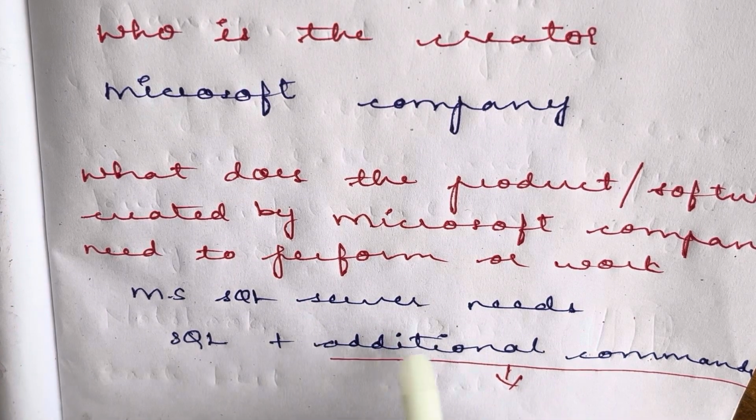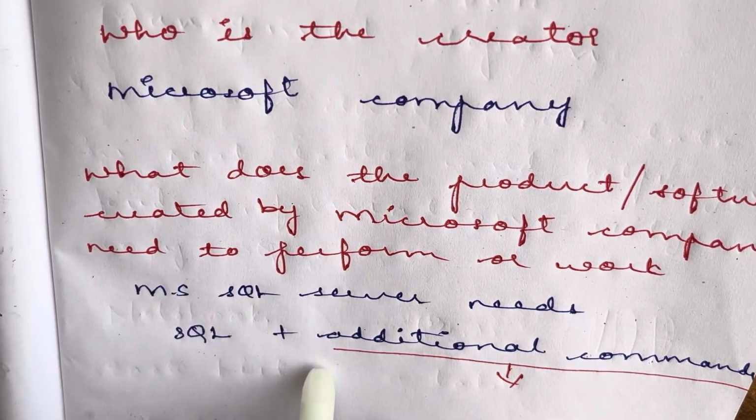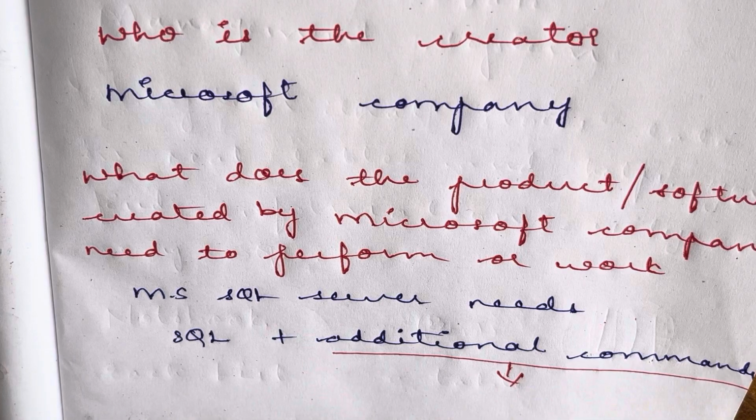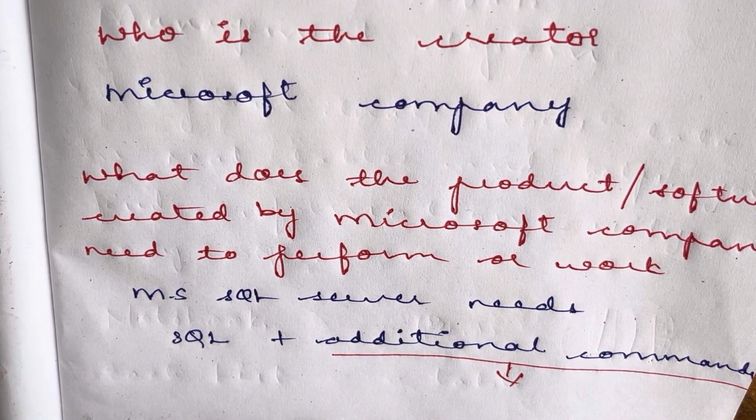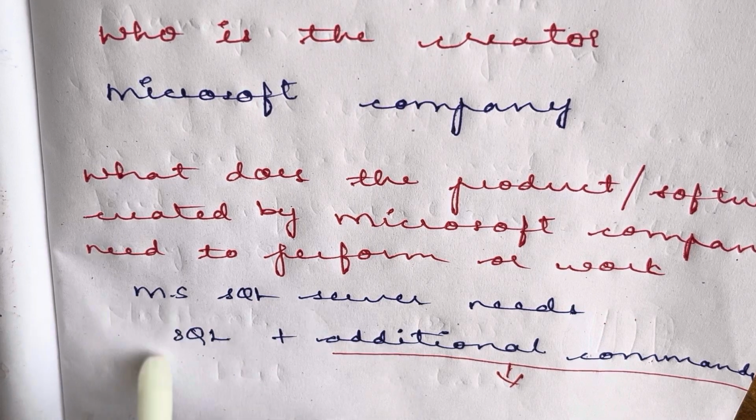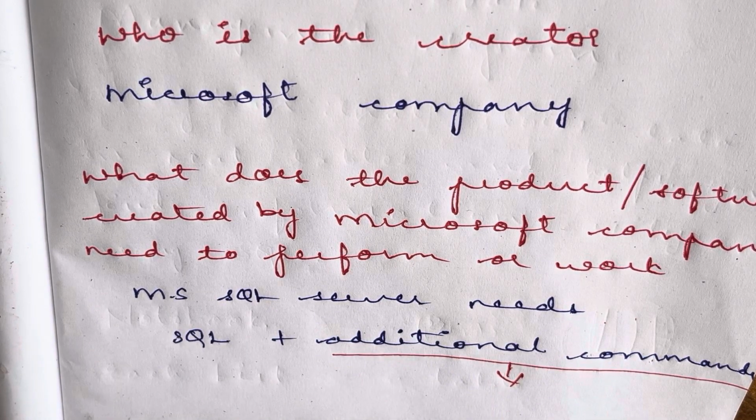MS SQL Server needs SQL and additional commands. MS SQL Server is software where we work using SQL, right? But in MS SQL Server, we need the SQL language plus additional commands also.